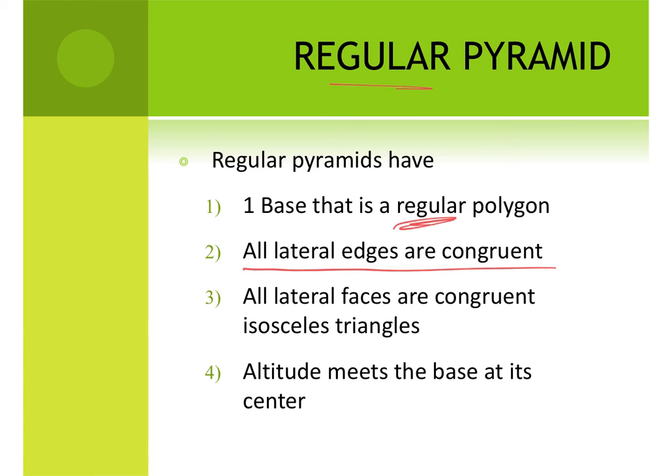This is for just a regular pyramid. How I like to identify a regular pyramid is it's not slanted at all. It's all symmetrical. Everything is congruent. All the lengths are congruent. The slant heights are all congruent. The height is one fixed value and it lies straight in the center. The altitude meets the base in its center.